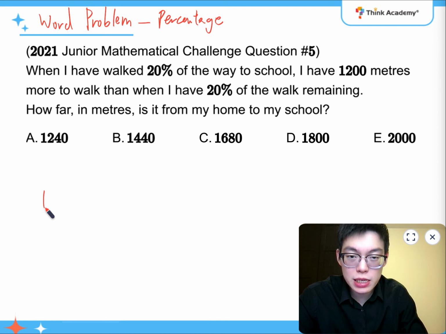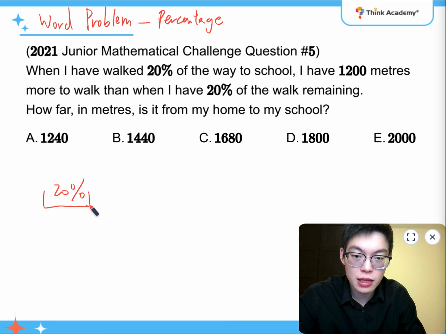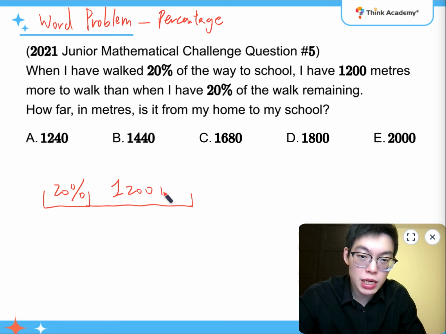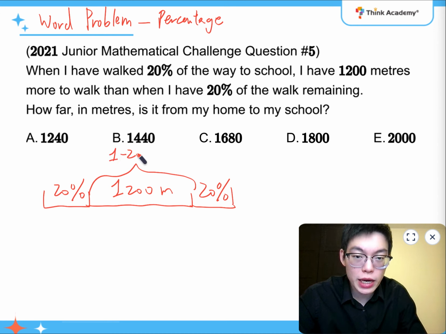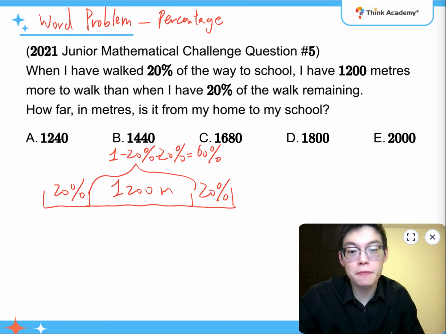So what it means is actually that after you have walked 20% of the distance, you still have 1,200 meters more than 20% of the walk remaining. What it means is that this section, 1,200 meters, is 1 take away 20%, take away 20%, which is going to be 60%.